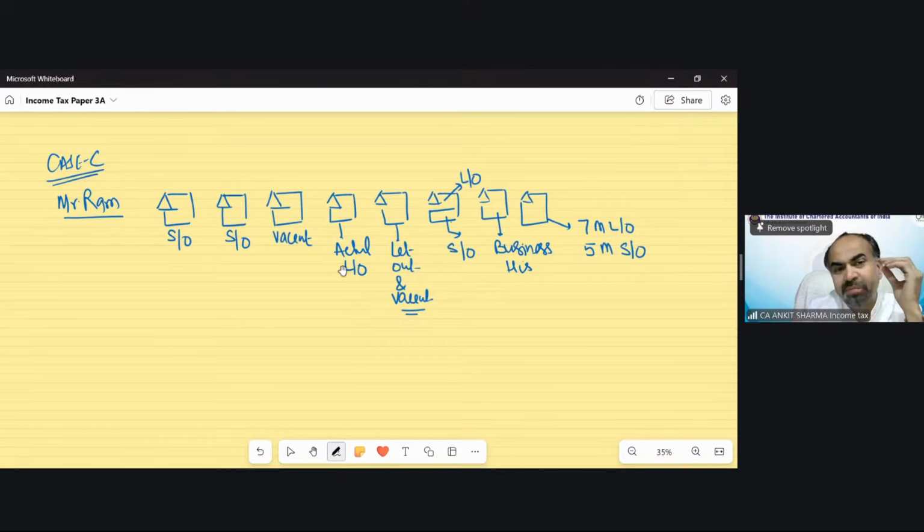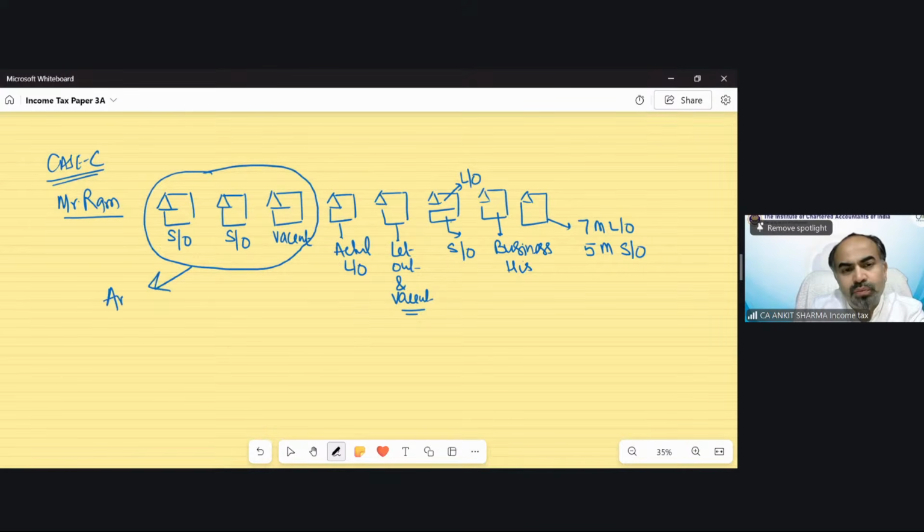So now case number C is just a selection case. There is no solution criteria. What is C doing? C is just going to tell you which property is going to be solved according to which case. Now out of these 3 properties, those that are vacant and self-occupied, any 2 need to be solved as per case A or case B. That means any 2 values would be nil.